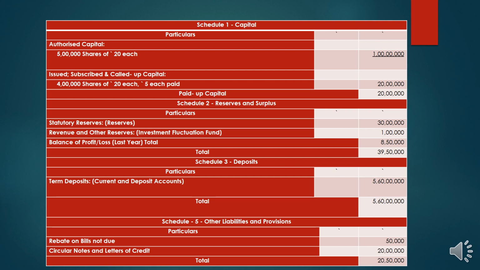We have statutory reserve, investment fluctuation fund and profit, balance of profit and loss. Next, schedule number 3, deposits. We have current and deposit accounts, term deposit. Schedule number 5, other liabilities and provisions. We have rebate on bills discounted, circular notes and letters of credit.